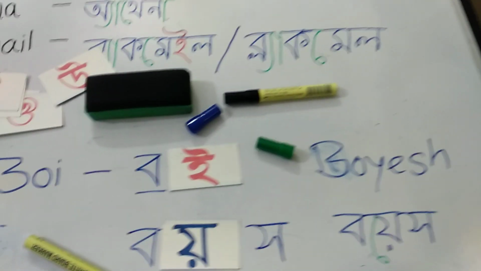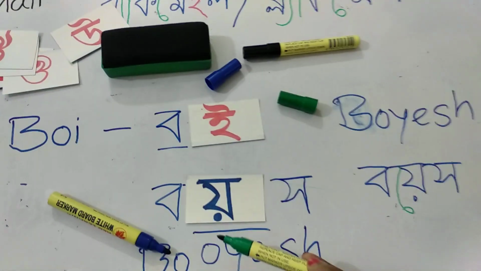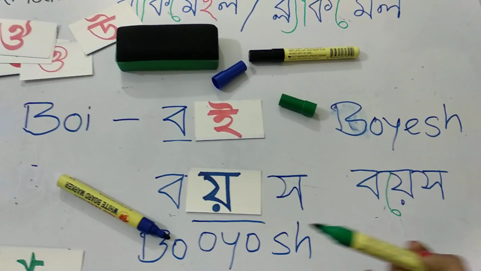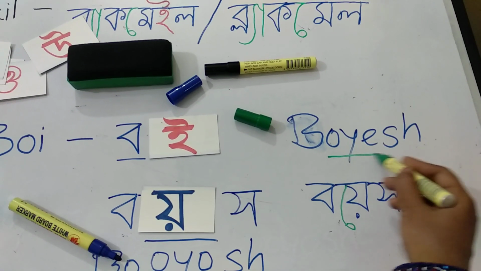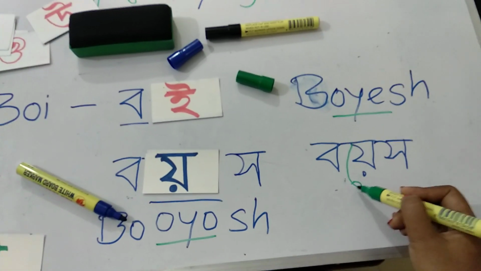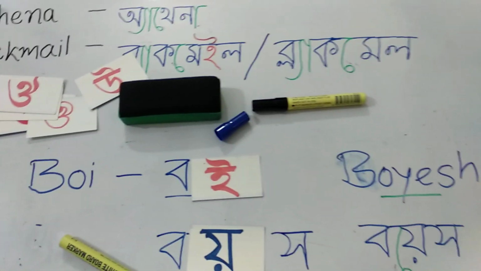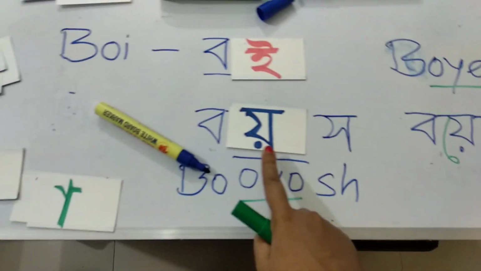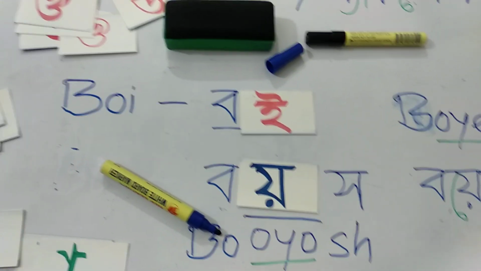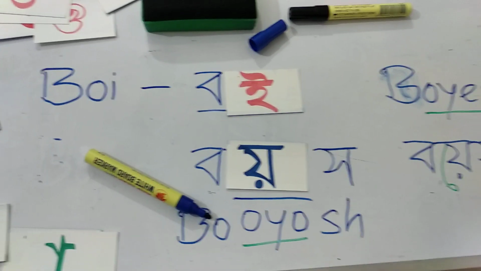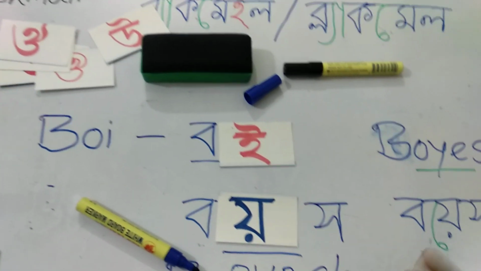Okay. So you see that we can pronounce it as "e," we can pronounce it as "oyo," we can pronounce it as "oye" if we add this up. Okay. So actually the name of this letter is "o," ontostho "o," but instead of remembering the name of this letter, you need to remember how to use it in words.